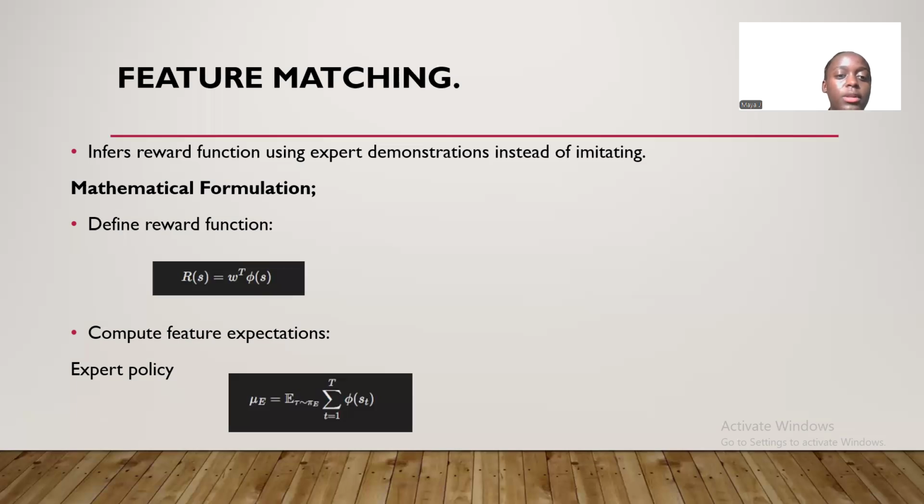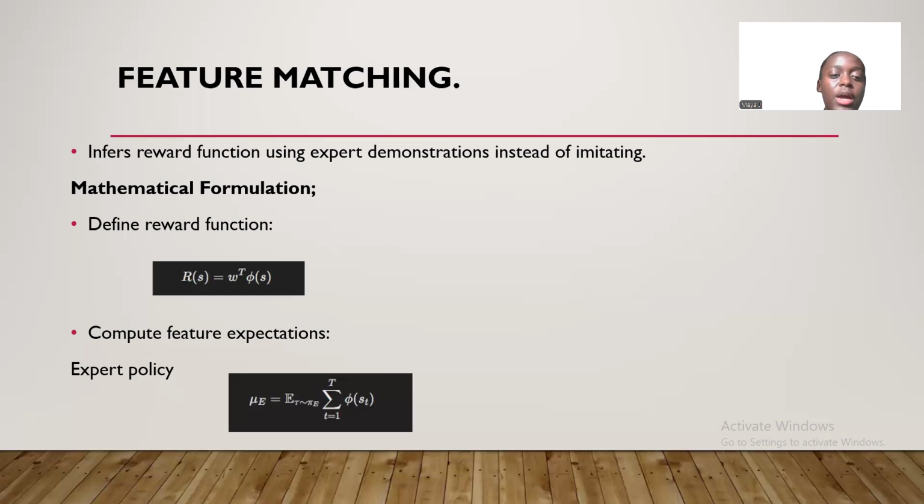So let's say we have an example of someone trying to imitate an expert Go player. You want to achieve their speed, how they dodge openings well, and how well they score. You have those states of the speed, the positions you're in, and so on. So the next step, you compute feature expectations.